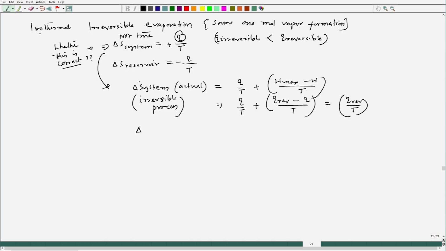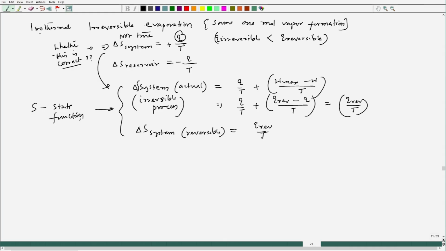Now, this is del S system reversible, which would be equal to Q reversible by T. So, that means whether the system has a change through reversible or irreversible manner, in both cases the entropy change would be the same if the states specified are the same. Okay. So, same thing is coming up. So, that is what the entropy is. So, this suggests that entropy is a state function.